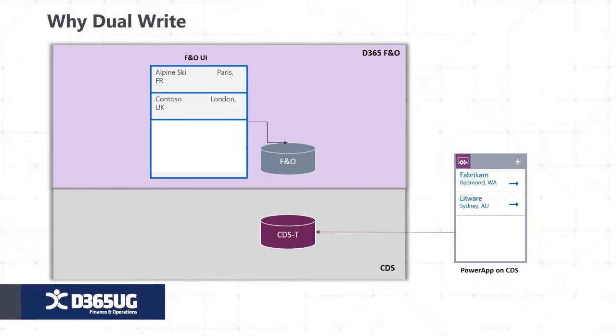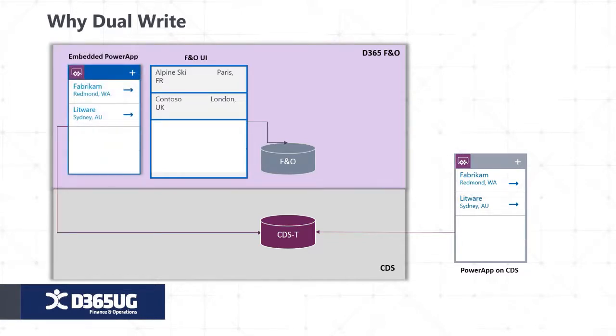Now, to add to it, Finance and Operations has a very powerful feature, called Embedded Power Apps, which is again talking to CDS, as you can see here. So now we have Embedded Power Apps talking to CDS, and we have Power Apps talking to CDS here.